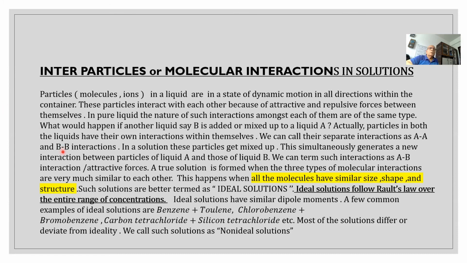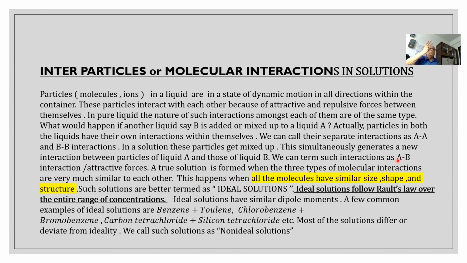Now, what is there in the solution? In the solution, both the components are there. They have formed a homogeneous solution. They have got mixed up. So here another type of interaction comes into play. That is between the molecules of A and B. We call them AB interactions.